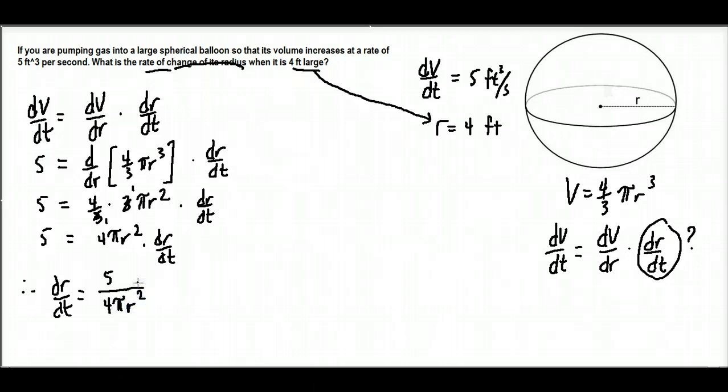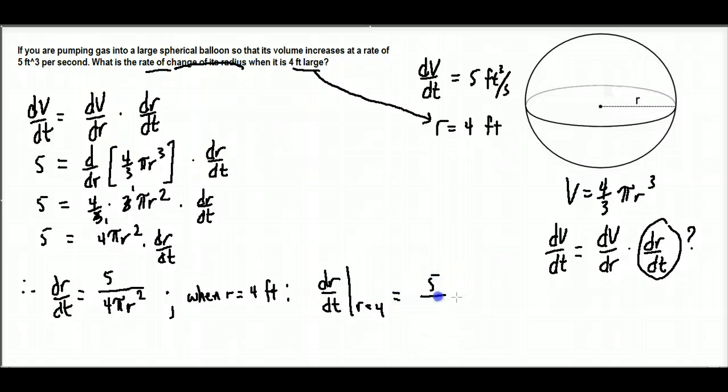Okay? Now, we're almost at our answer here. So we know that our radius here is 4 feet. So now what we need to do is say when r is equal to 4 feet, then we evaluate this and we just plug in 4 into the equation.